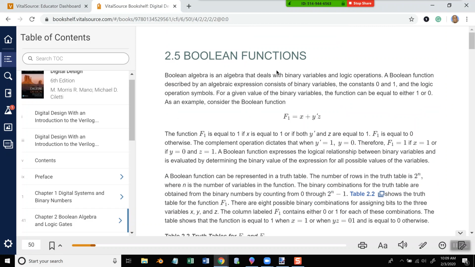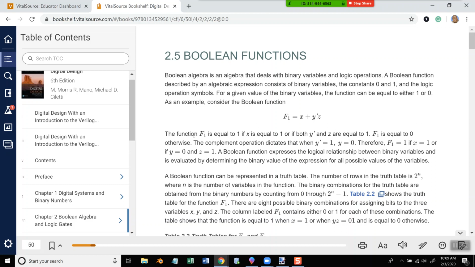Okay, section 2.5 deals with Boolean functions. It says Boolean algebra is an algebra that deals with binary variables and logic operations. A Boolean function described by an algebraic expression consists of binary variables, the constants 0 and 1, and logic operation symbols. For a given value of the binary variables, the function can be equal to either 1 or 0. As an example, consider this Boolean function.